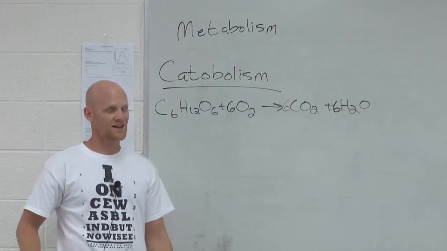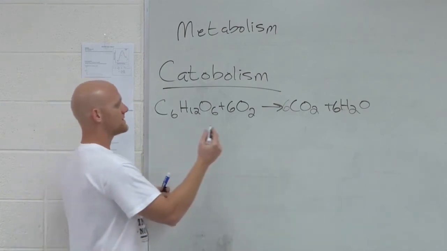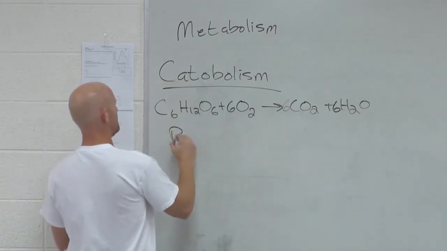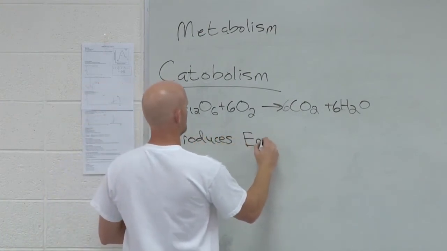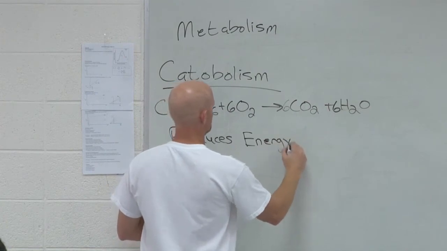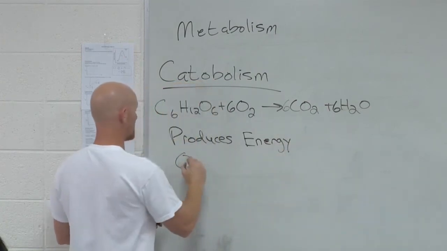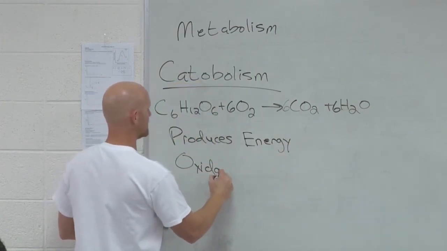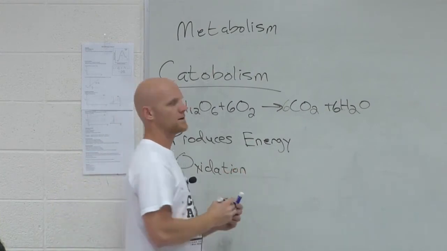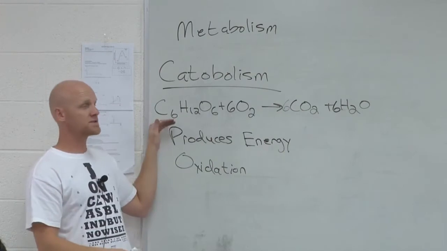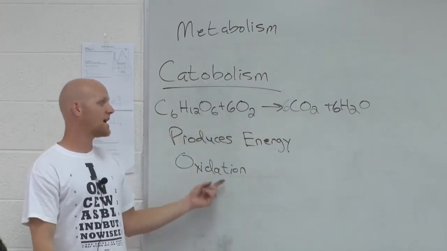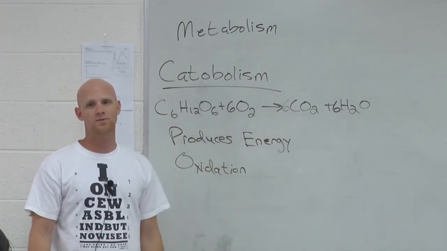Maybe it can, but it can't give me energy. So this produces energy. Highly exergonic reactions. It's also an oxidation. So your catabolism process, the breakdown of food, glucose here being a notable example, they're typically oxidations and they release a boatload of energy.